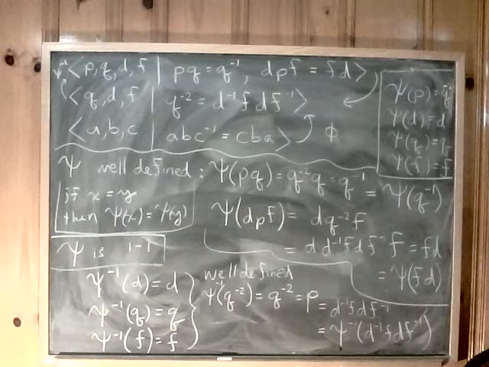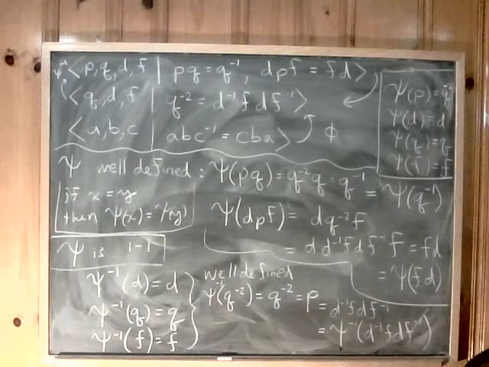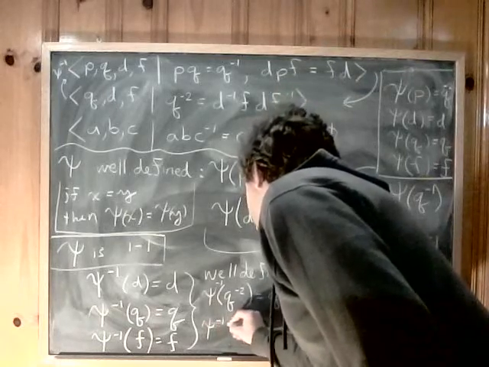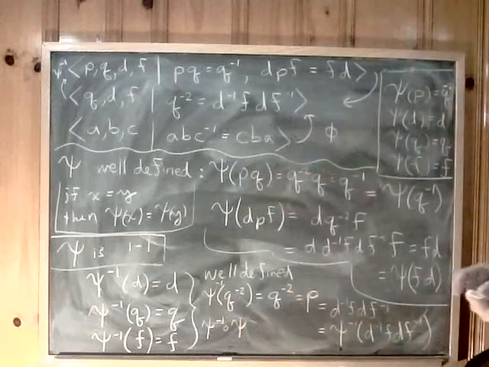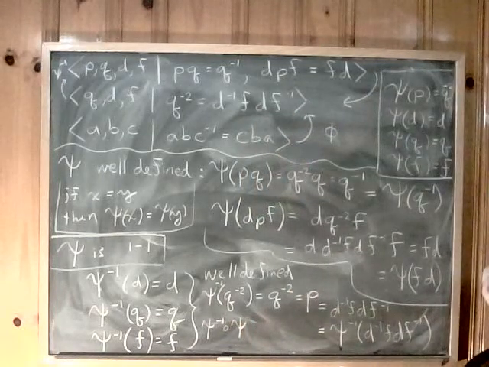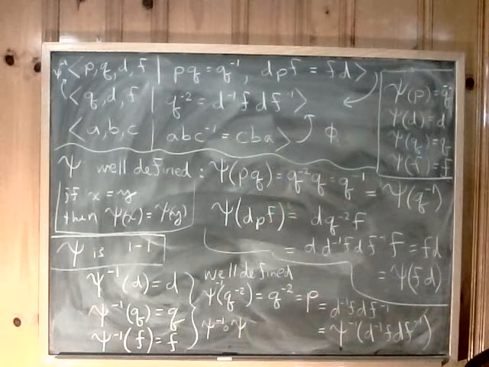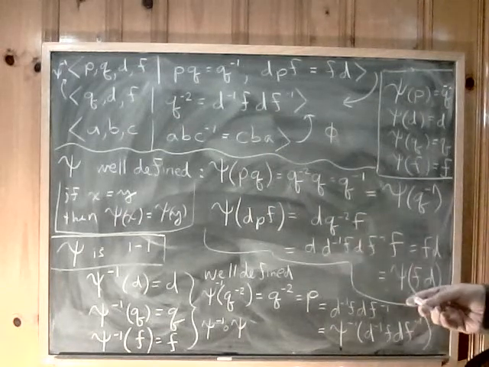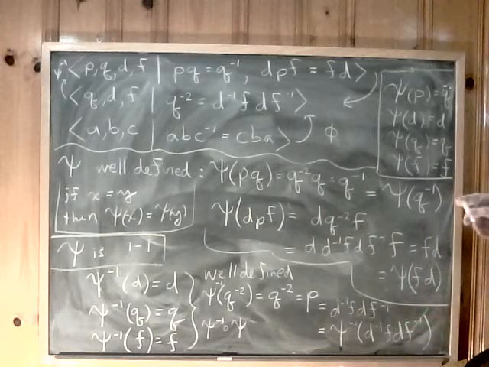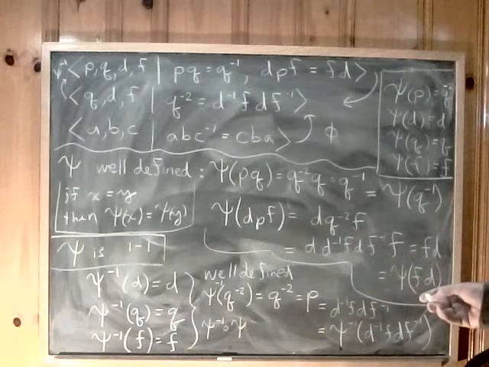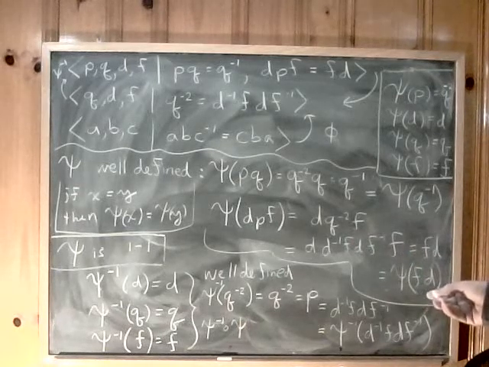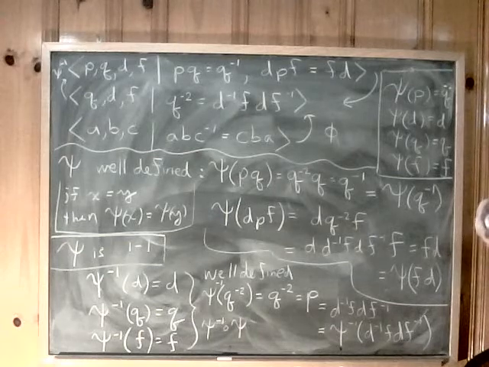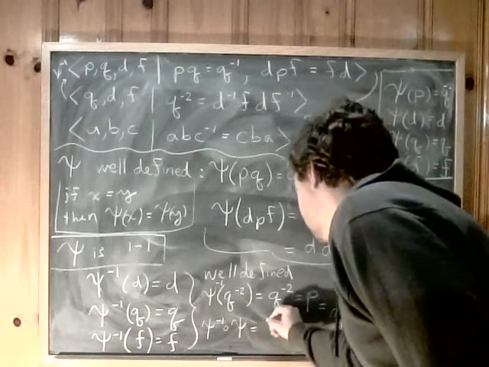First C inverse of C. This one is the easiest one actually, because the outputs of C are D, Q, and F. Whenever the output is D, Q, or F, C inverse of C will give back D, Q, or F. When the output is Q to the negative 2, C inverse of Q to the negative 2, which we just found, was equal to Q to the negative 2, which is equal to P. But that's the input of C. So it does equal the identity. We'll just draw it like this.